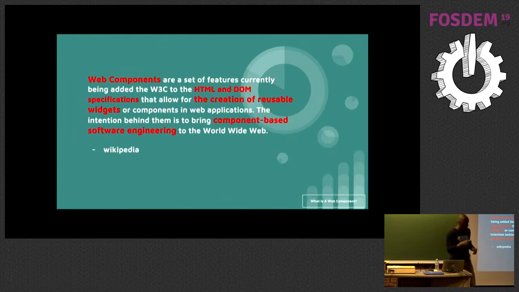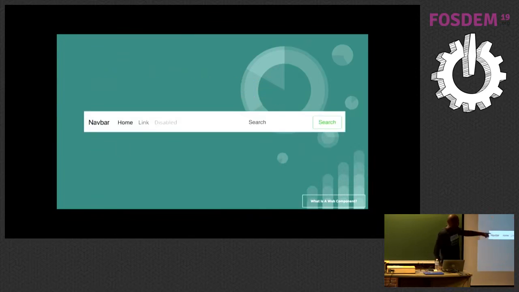But the most important part is that software engineering has been around before the web was, and that's basically the same idea of component-based software engineering brought to front-end development, okay? So if I give you this and ask you, how would you build that in jQuery?